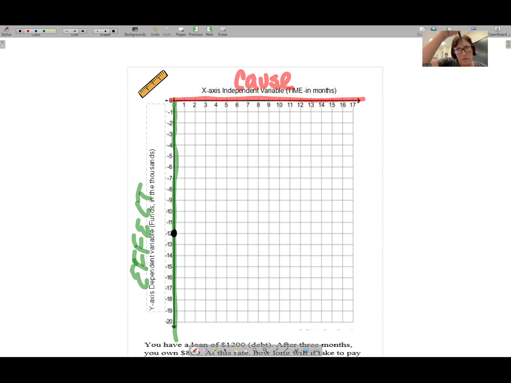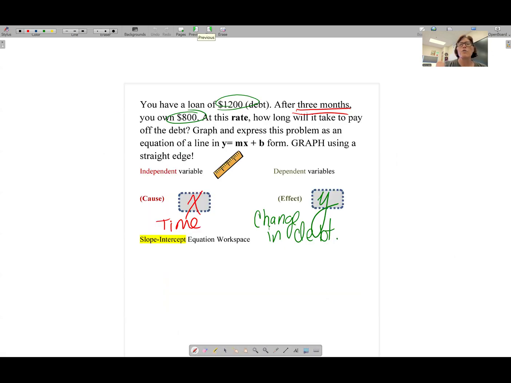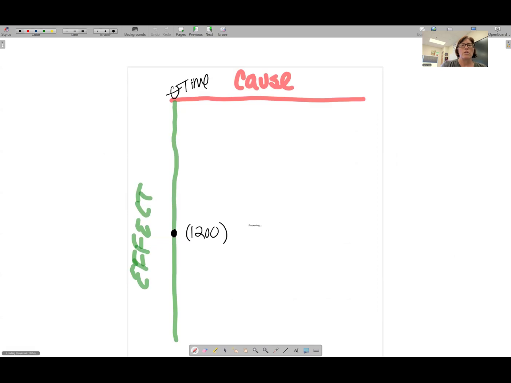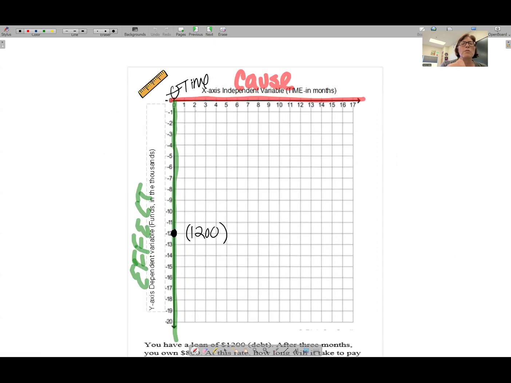We are in debt, so technically we're in the negative, negative $1,200. That's our starting point. That is 0 time. Right here, after 3 months, we owe $800. So we count 3 months, 1, 2, 3 months, we owe $800.